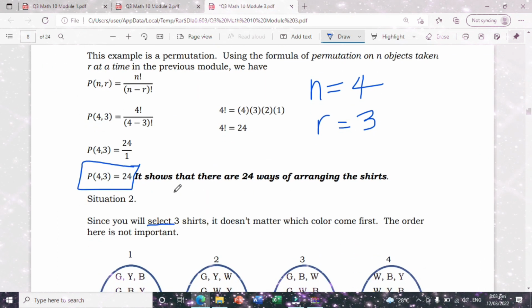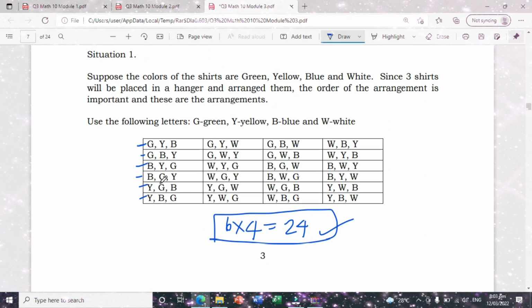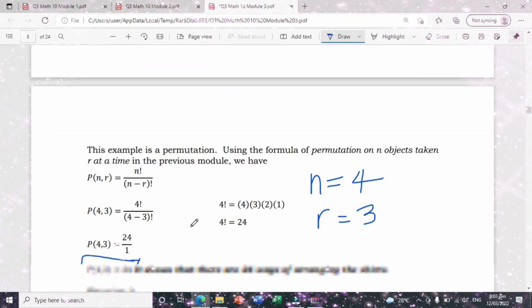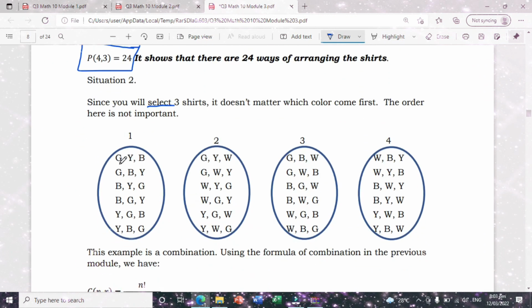Ito, pareho lang yan dito sa ginawa natin kanina. Listing method. So, kung makikita nyo, G, Y, B yung first selection niya. Yung second selection naman, G, B, Y. So, here, nag-select naman, hindi ka nag-arrange.